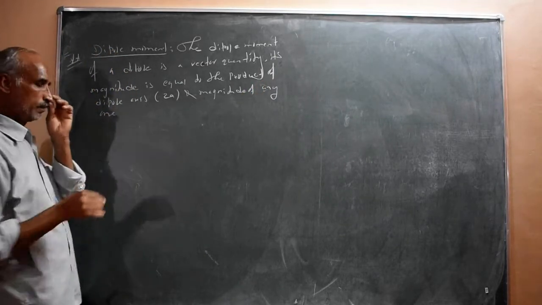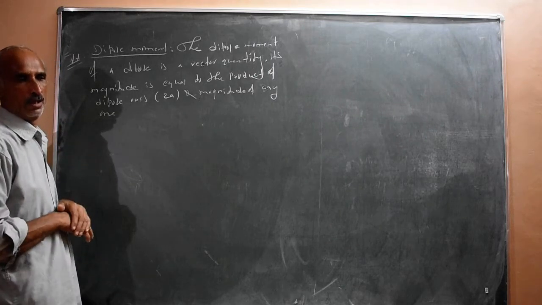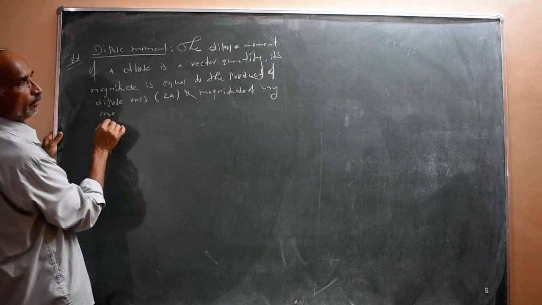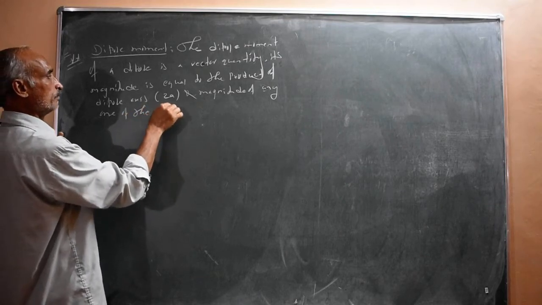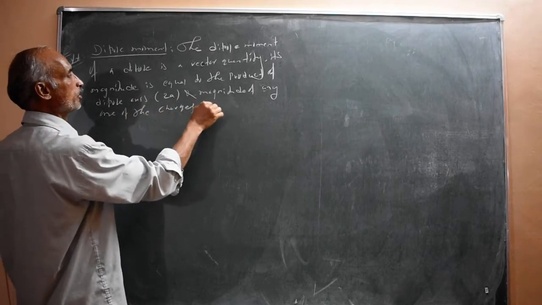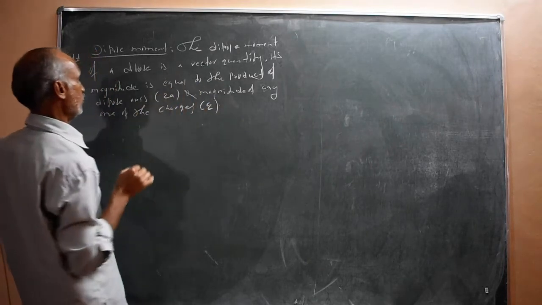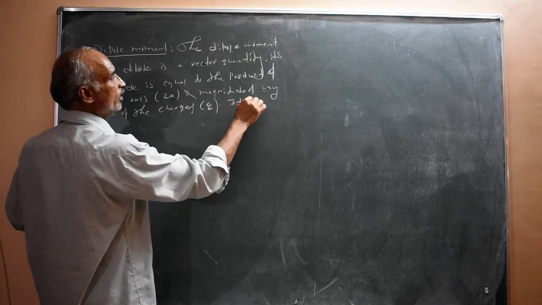There are two charges, plus q and minus q, in a dipole, which is a pair of equal and opposite charges. Let us take the magnitude of any one of the charges as q.